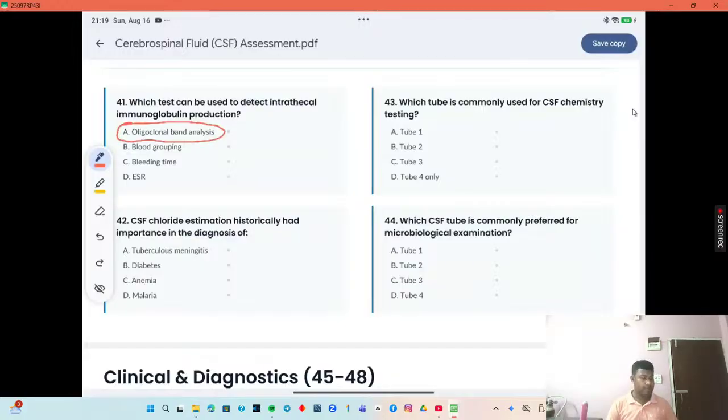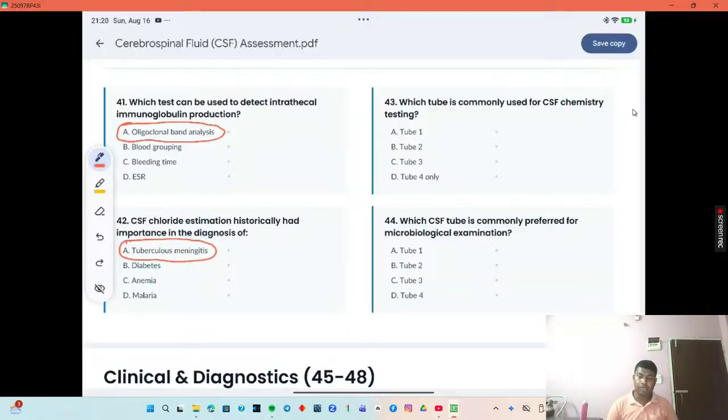Can you please help me to answer this question? The chloride estimation of CSF helps us to detect tuberculous meningitis. Is it clear to you? So what does the chloride estimation of CSF help us with? It helps us to diagnose tuberculous meningitis.